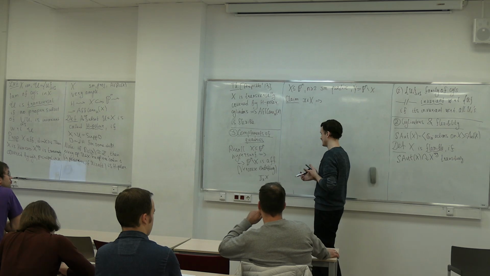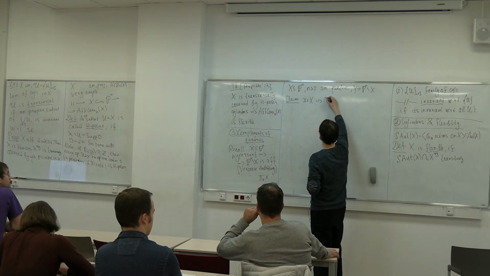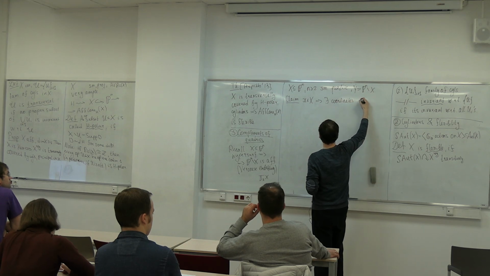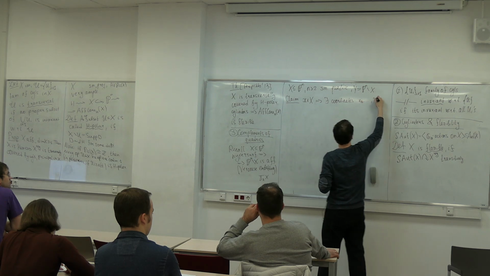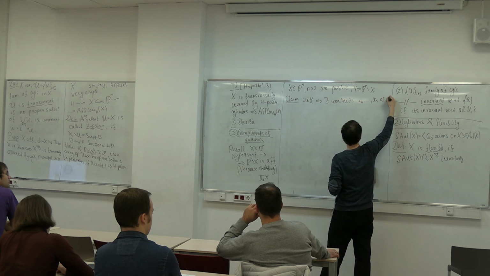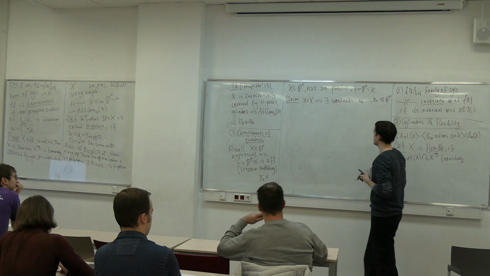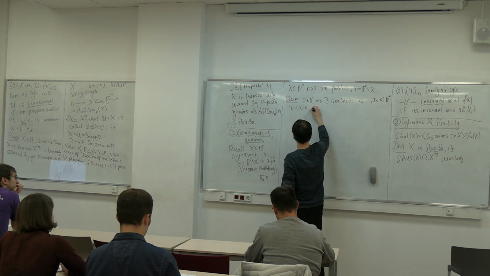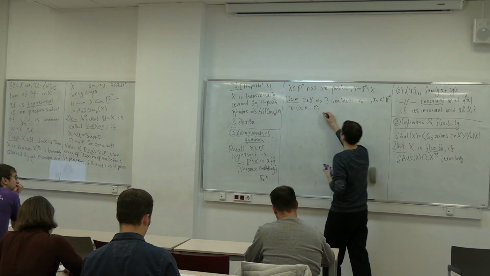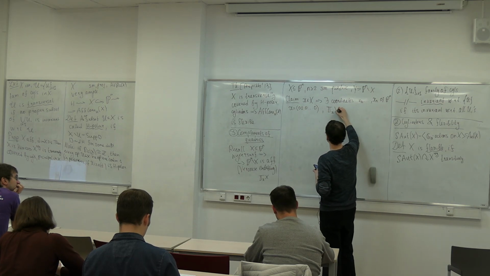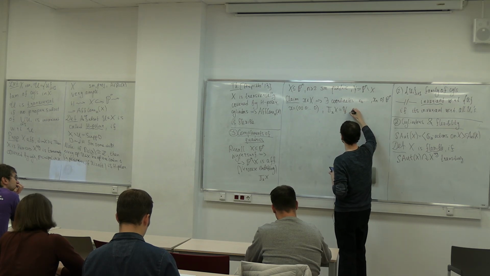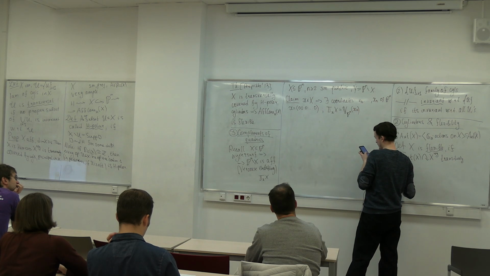So if I have a point, then there exist coordinates x0 and so on up to xn of P^n such that x is the point (0:1:0:...:0). The tangent space is given by the equation x0 equals 0, that is, the zero locus of x0.